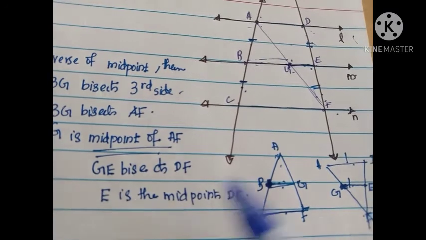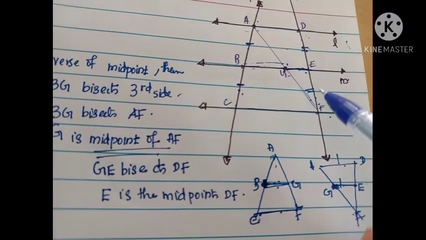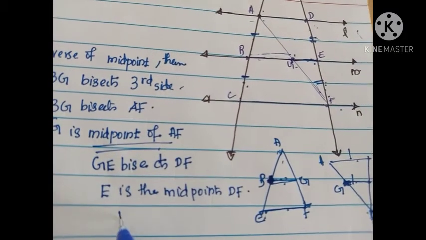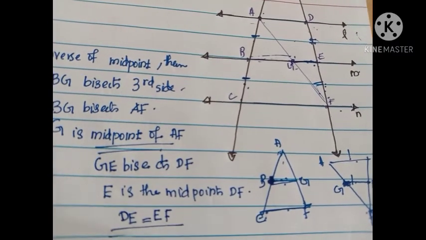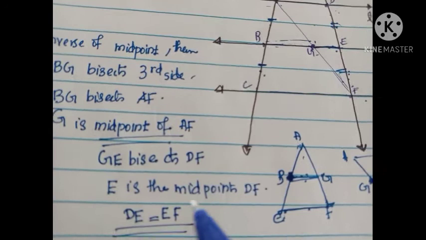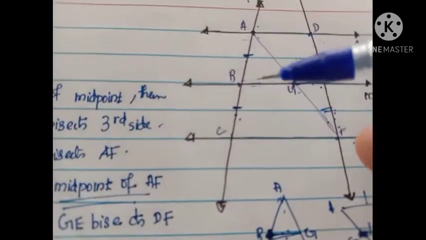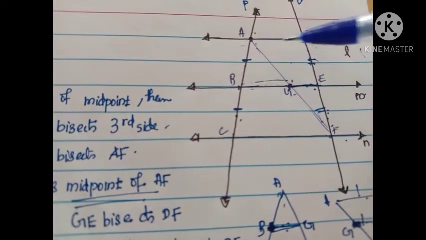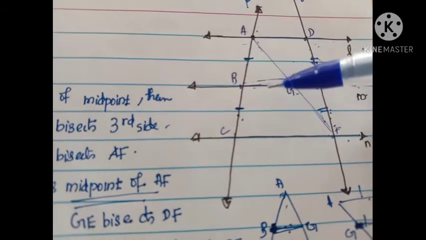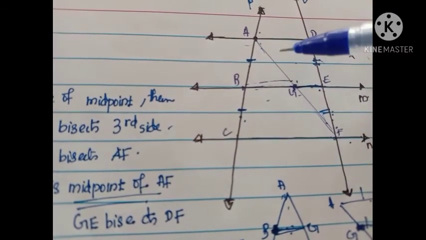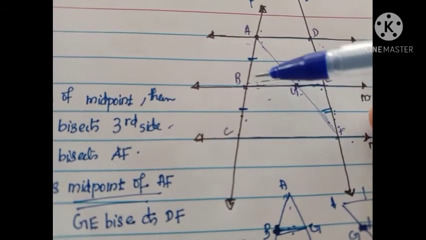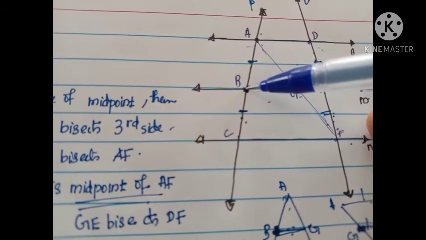Now E is the midpoint of DF means these two lengths DE and EF are equal. So we proved it. Look at triangles ACF and AFD. In both triangles we applied the converse of the midpoint theorem. In the first triangle it is already given that B is the midpoint.